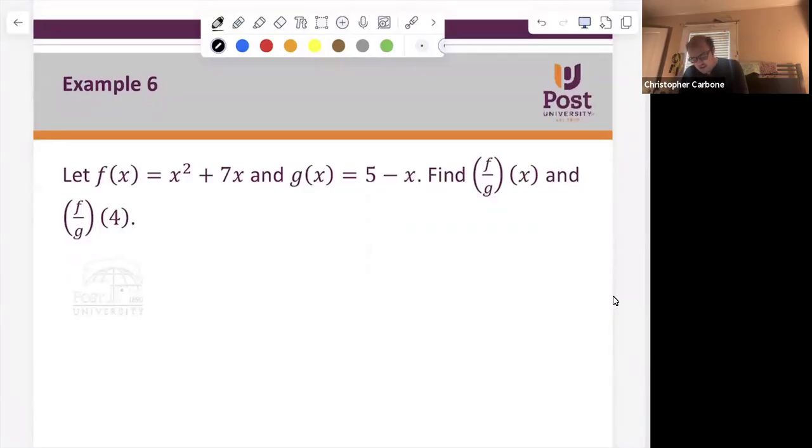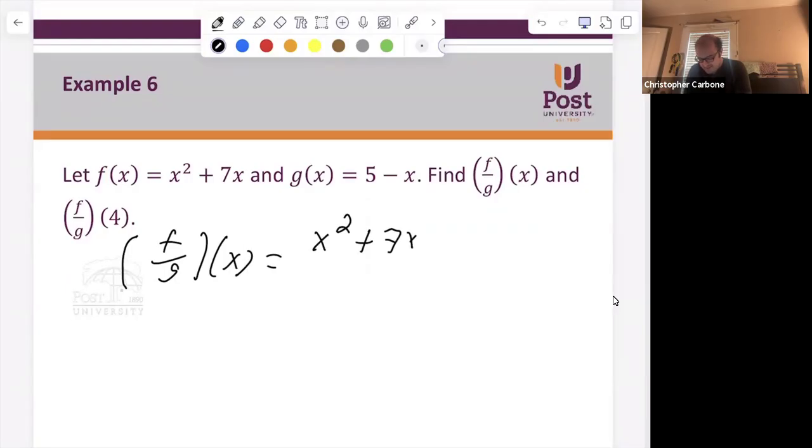For example, number 6, let f of x be equal to x squared plus 7x, g of x be 5 minus x. Find f divided by g of x and f divided by g of 4. I cannot simplify this: x squared plus 7x divided by 5 minus x.